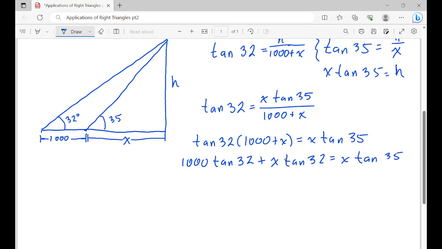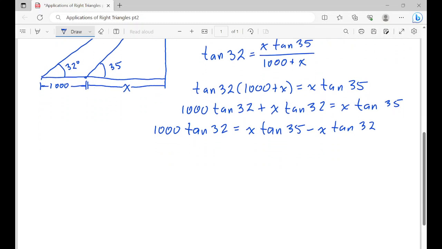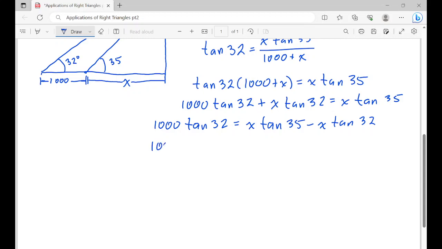Now I'm going to get all the x's to one side, so I'm going to subtract this over here. I'm going to end up with 1000 tangent 32 equals x tangent 35 minus x tangent 32. Now that I have all the x's to one side, I'm going to factor an x out. So 1000 tangent 32 equals x times tangent 35 minus tangent 32.